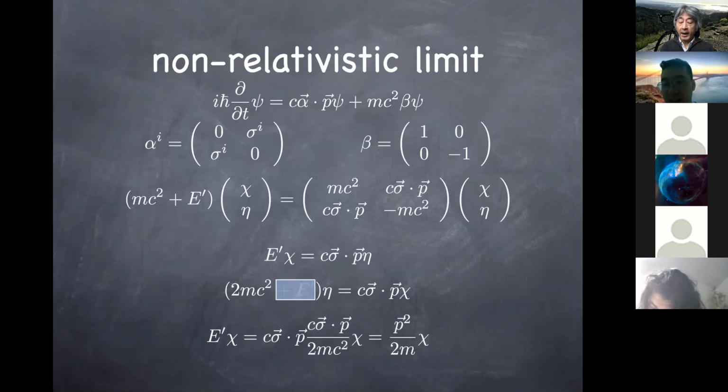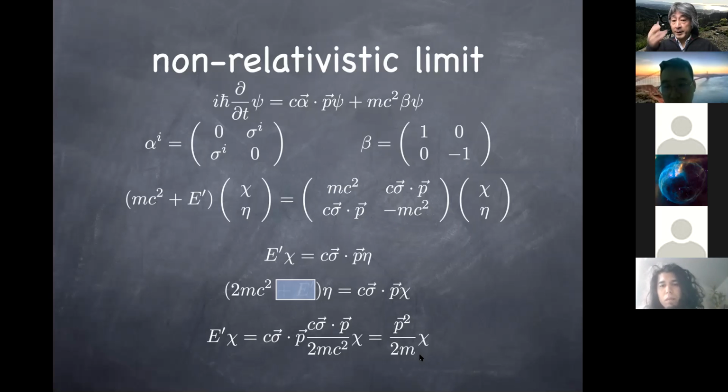Spin-orbit coupling. Yeah, okay. So here I completely ignore the E prime relative to 2mc squared, and that's a strict non-relativistic limit. And in order to get spin-orbit coupling, you need to go to higher orders in basically p over 2mc. There's a systematic way of actually doing it, and that's in the lecture notes, Dirac.pdf, called the Foldy-Wouthuysen approximation.